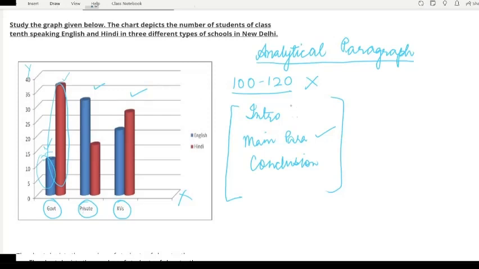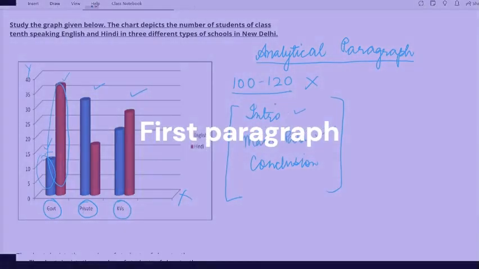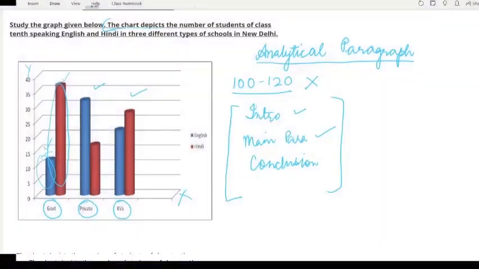The introduction is very easy, because you're going to pick the introductory paragraph from the question itself. You can change the language and write the first sentence as the introduction. And another very interesting thing about the conclusion is that as soon as you finish analyzing this, you will be able to write the conclusion also.